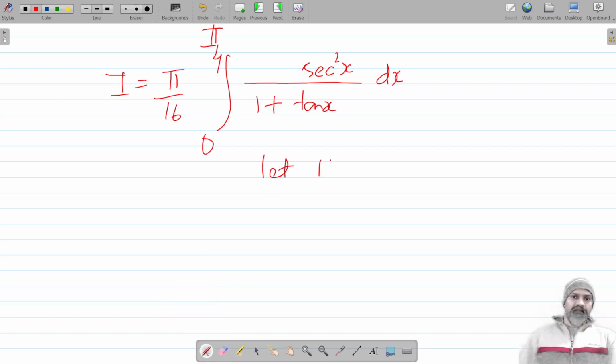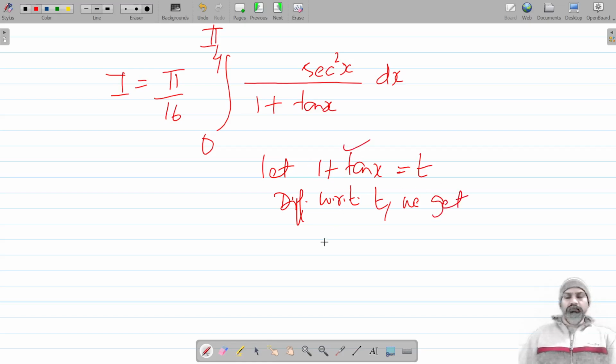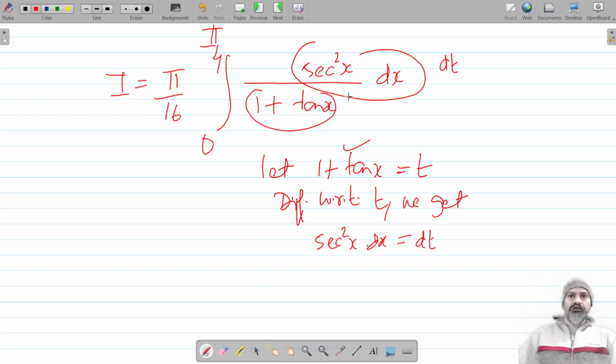Let's say 1 plus tan x is equal to t, and differentiating this, the differentiation of tan x is secant square x, so secant square x dx is equal to dt. So this has to be replaced by dt, and the denominator becomes t.